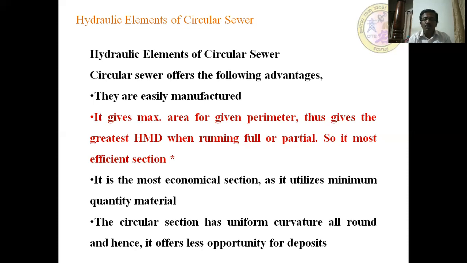Friction mainly depends upon the total length of the surface of the pipeline in contact with the water. Since the perimeter is less, the friction loss is also less. That's why we prefer circular sewers to convey wastewater as well as for water supply.